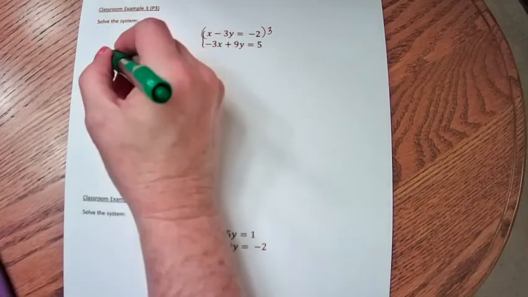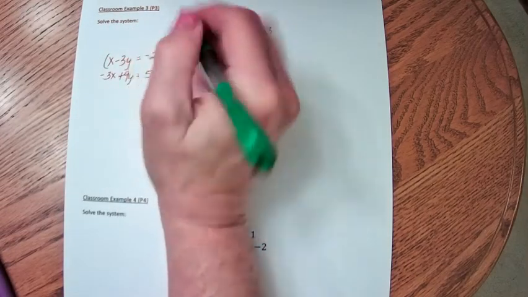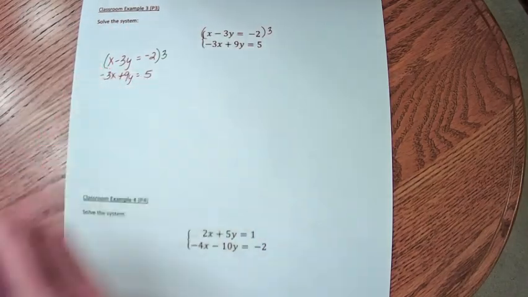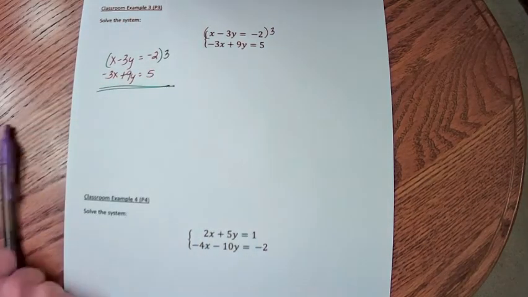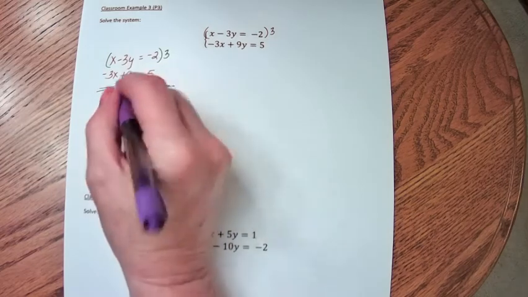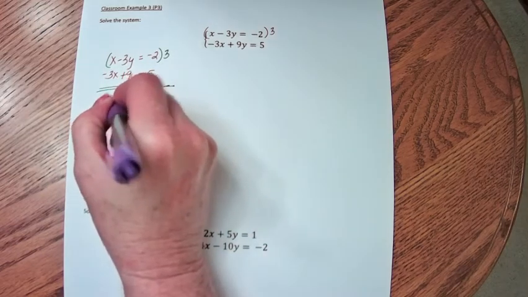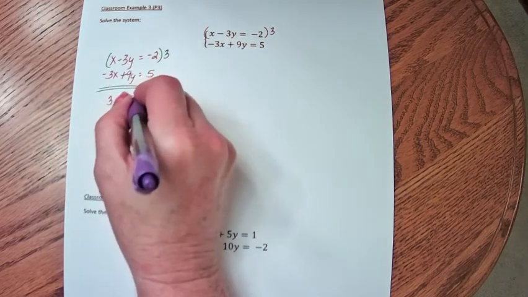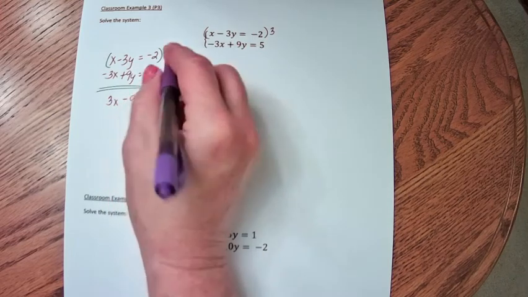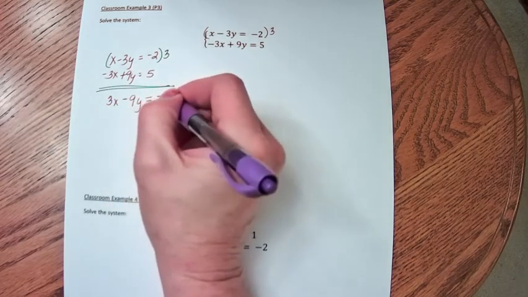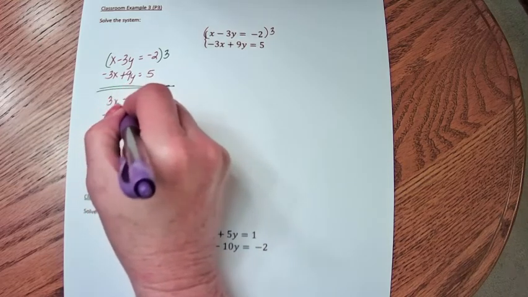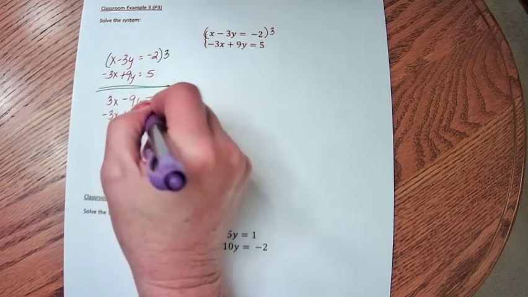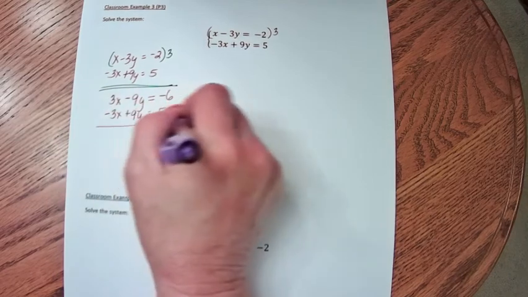If I multiply this whole first equation by 3, I'll get opposite coefficients for my x's. Distribute the 3. 3x minus 9y equals -6. And then I had -3x plus 9y equals 5.